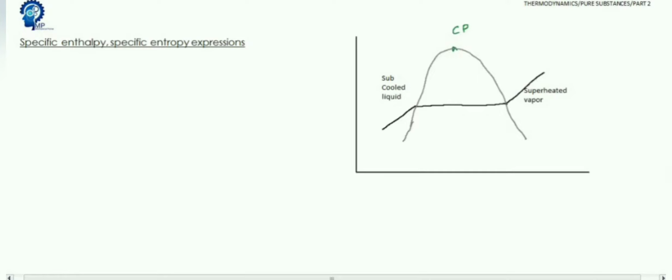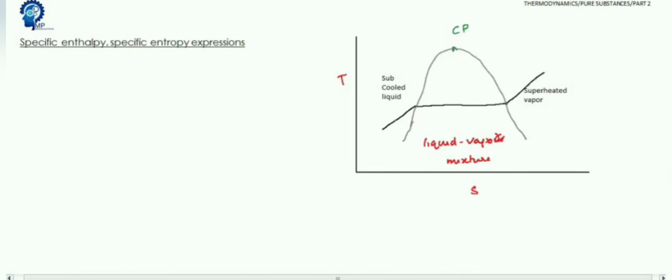Before going to the expressions, we have three regions here. First one is the subcooled region, the second one is the superheated region, and the third one is the liquid vapor mixture region. These are the three regions in a TS diagram for water.